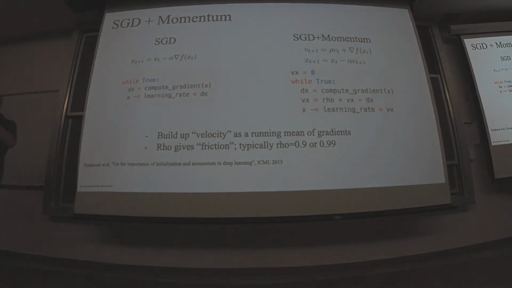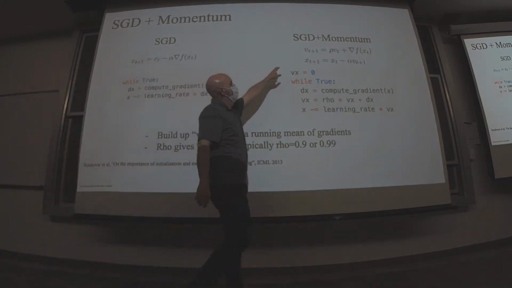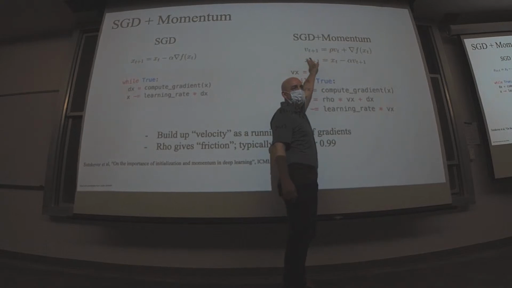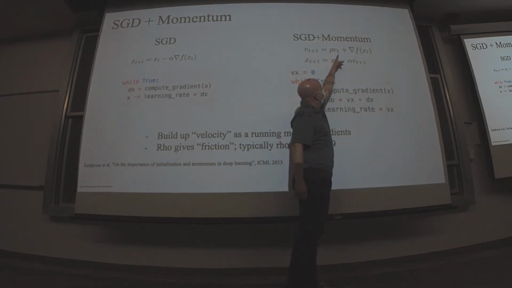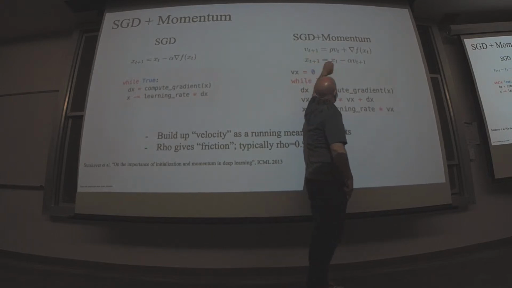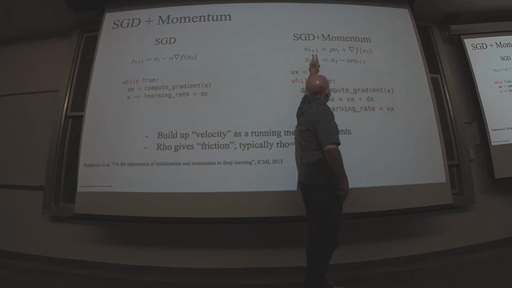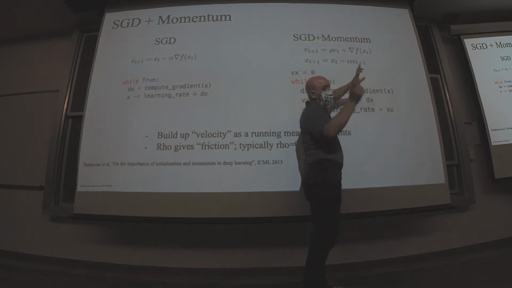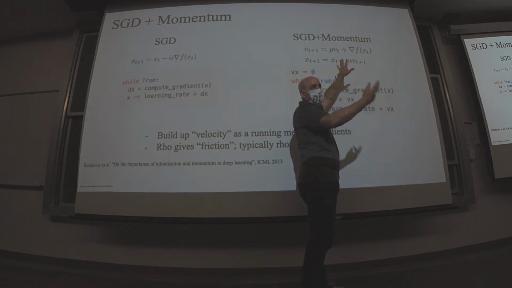Go ahead. So how many past gradients do you look at? Is it all, or is it after some number? Well, it's all. Remember, it's all because of this recursive formula, right? Start with V0. V1 has V0 in it, which is just the gradient. Then V2 has V1 in it, which has the original gradient plus the next gradient.